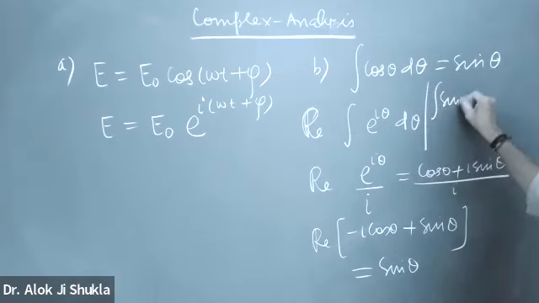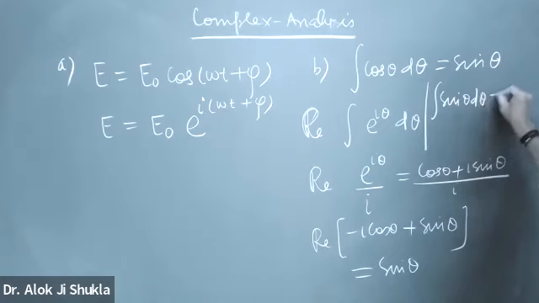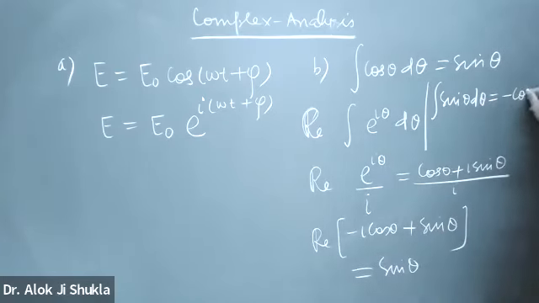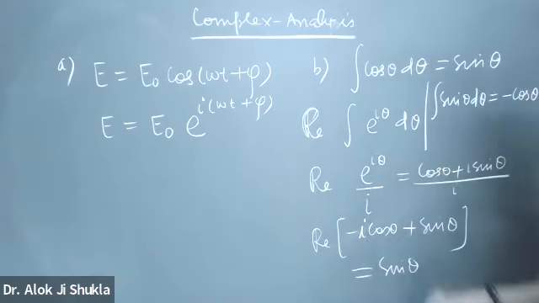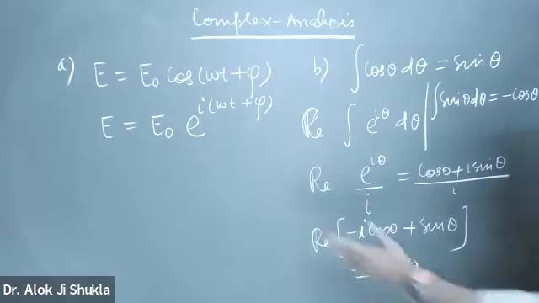What will be integral sin theta d theta? It will be the imaginary of this, which is minus cos theta. You see, imaginary part of this will be coefficient of iota, that is minus cos theta. So this is how it enters into algebra.